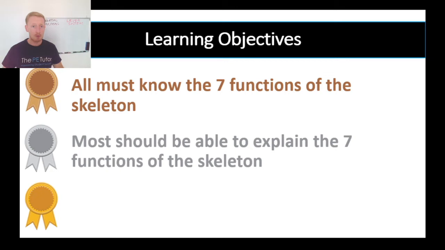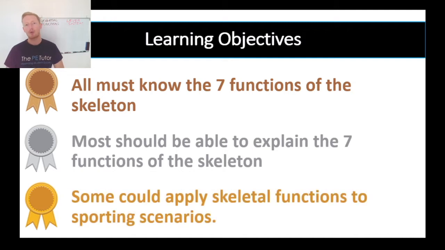Most people going into their exams can state the functions, but to actually explain how, or what part of the bone leads to that function or purpose. And hopefully by the end we will get to sporting scenarios and apply those functions to contexts such as boxing, long distance running, and everything. So we'll look at all things skeletal system and sport.